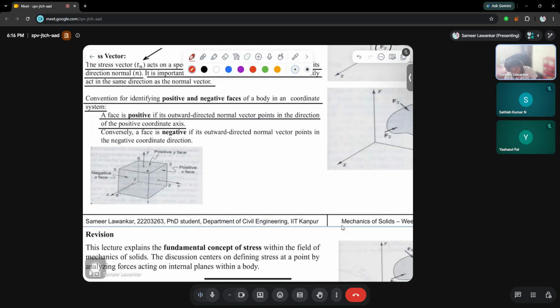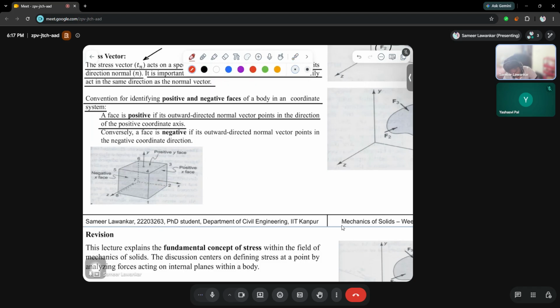So it is written here that a face is positive if the outward directed normal vector is in the direction of the positive coordinate axis. As you can see, the direction is the same for the positive coordinate axis and the normal vector to this face. Therefore, the face is called positive. We will understand why we are trying to understand this convention of positive and negative faces.